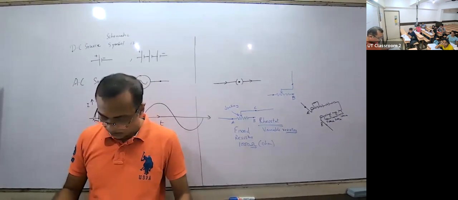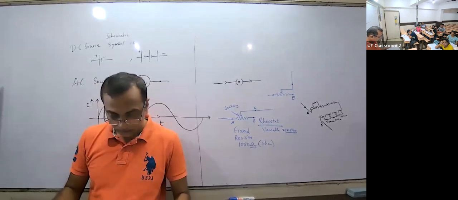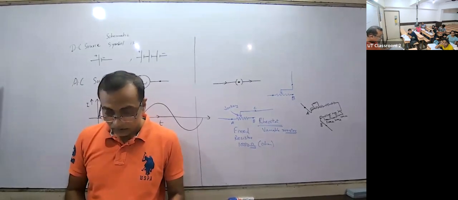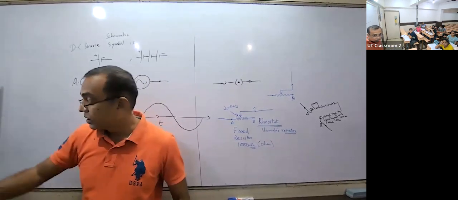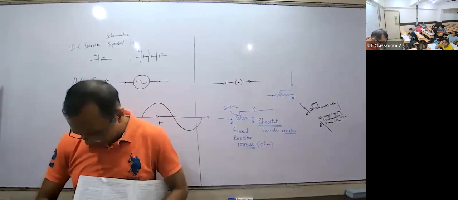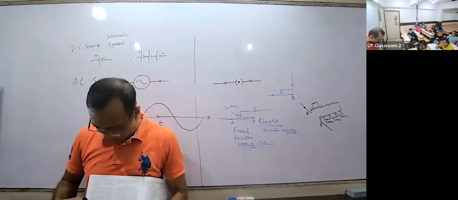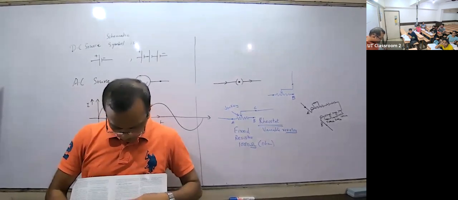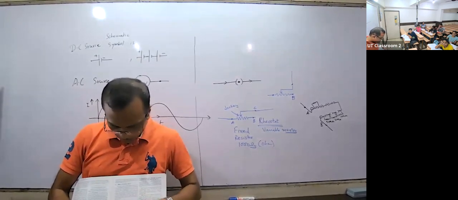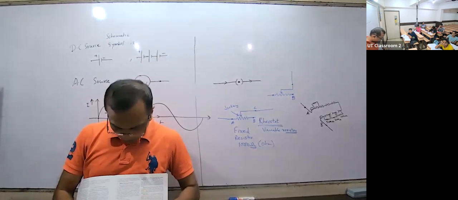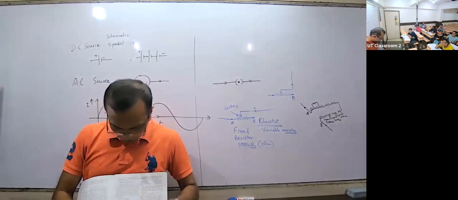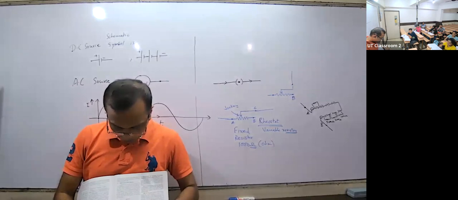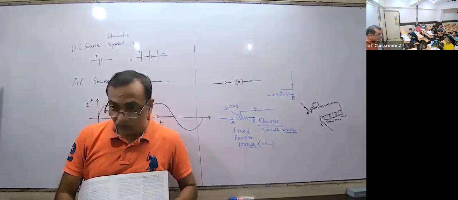So how to connect it in the circuit? It has positive and negative terminals. So see how it is connected in the circuit. This is the circuit without the meter. This is the circuit with meter. So the negative side is connected to the negative, positive side is connected to the positive terminal side.